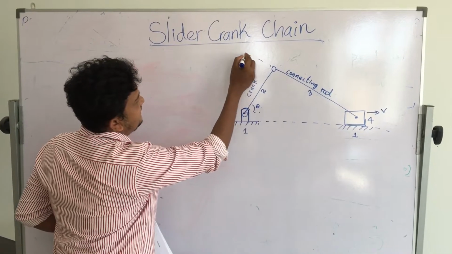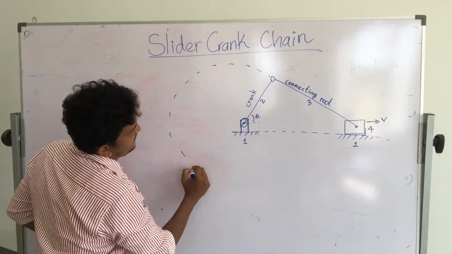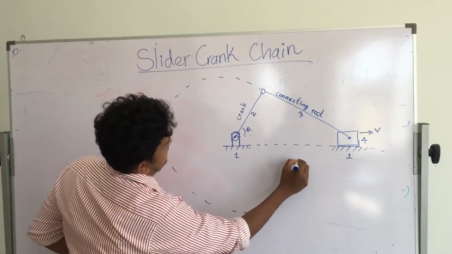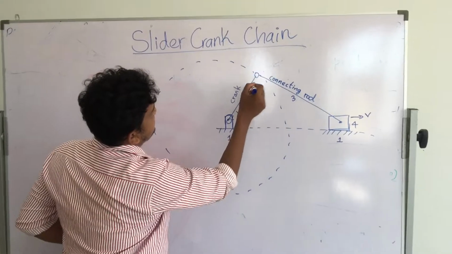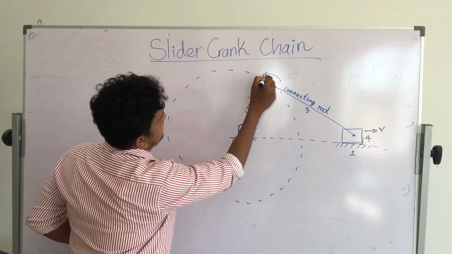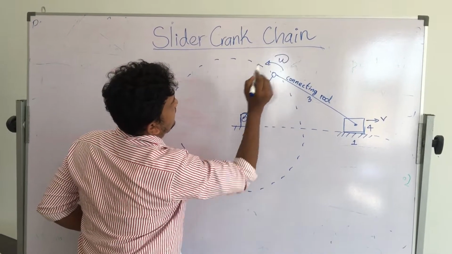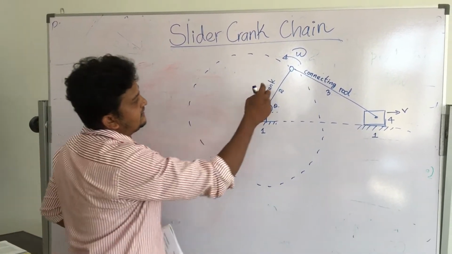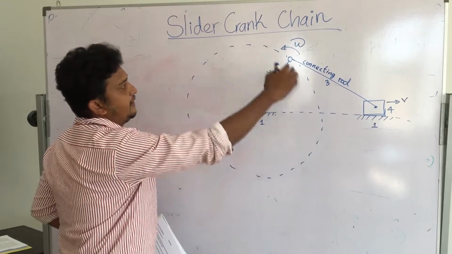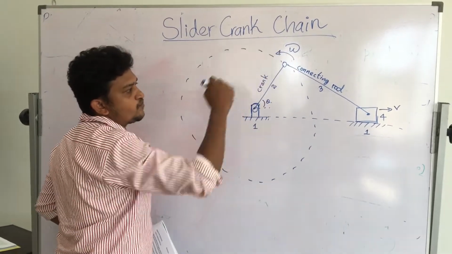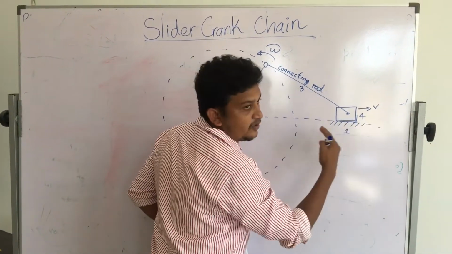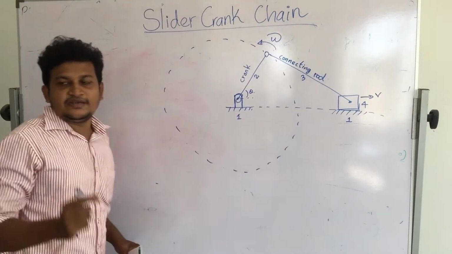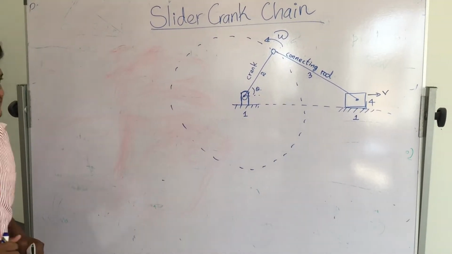The crank is rotated like this, at angular velocity omega. While the crank is rotating at this constant velocity, what is the velocity profile for the piston? That is our first objective.